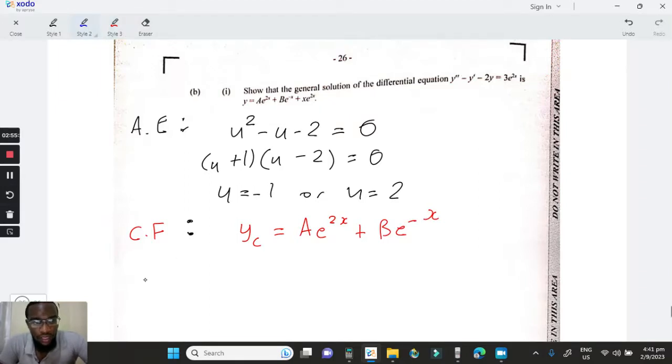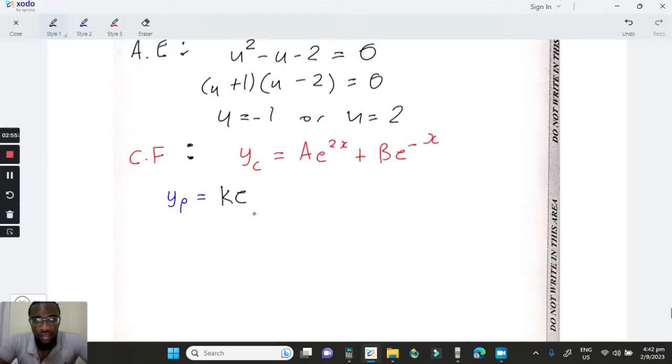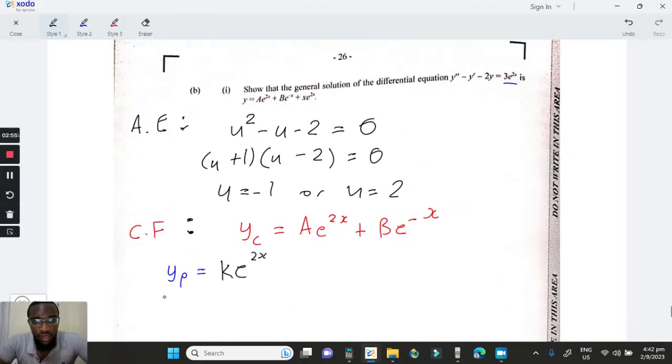So now, for the particular solution, we'll start by saying yp is, since it is 3e to the 2x, we know that it's going to be in the form ke to the 2x, and so our yp prime is going to be 2ke to the 2x, and our yp prime prime is going to be 4ke to the 2x.